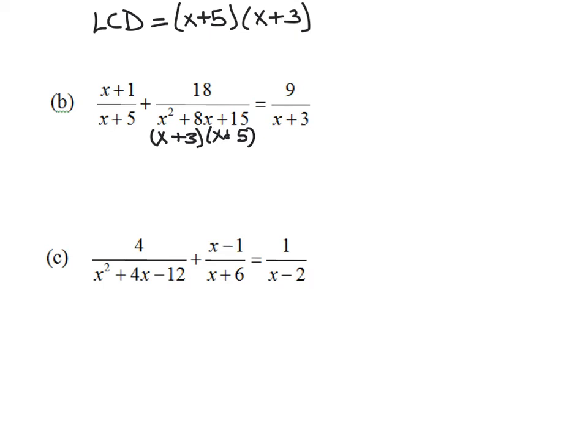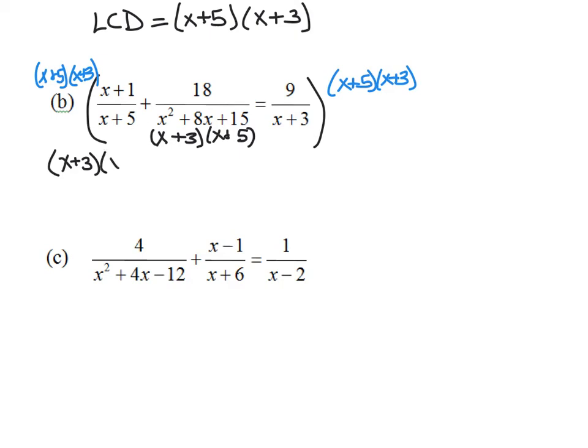So I'm going to take my whole equation and multiply by x plus 5 and x plus 3 on both the left side and the right side. On the left side, with the first fraction, the x plus 5's cancel. So I'm going to have to multiply the x plus 3 in my least common denominator by that numerator, x plus 1. In the case of the second fraction, both factors cancel, so that leaves me with just 18.